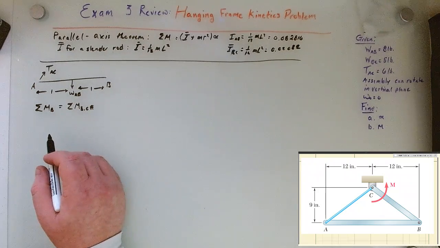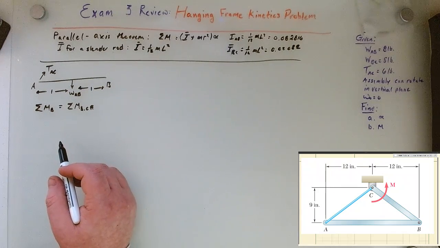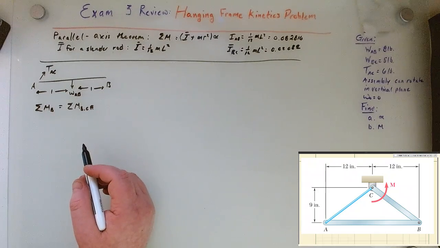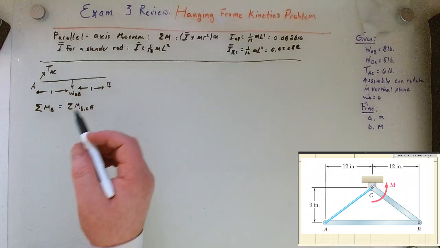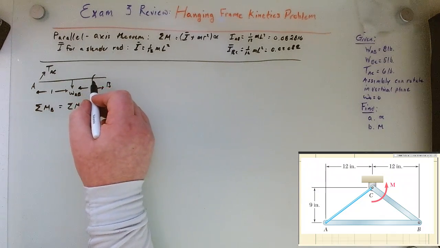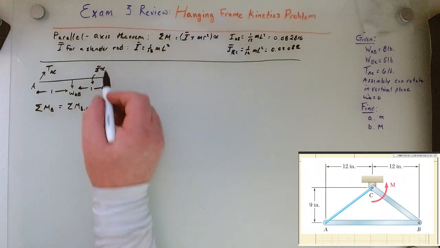And what's the direction? Well, given the direction that M is going to rotate things, then that necessarily means that this is going to be our I bar alpha, right?